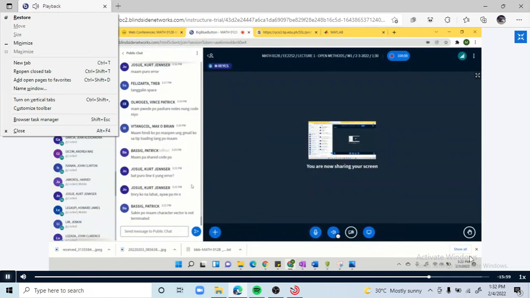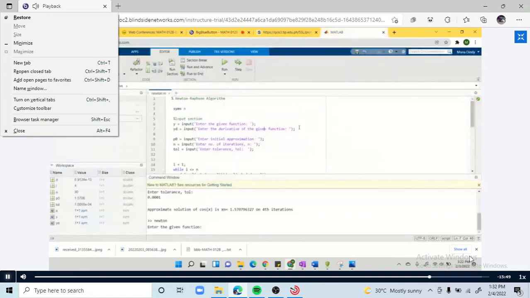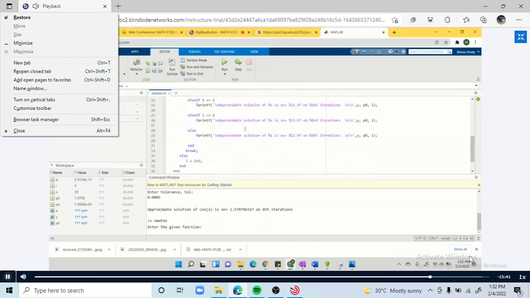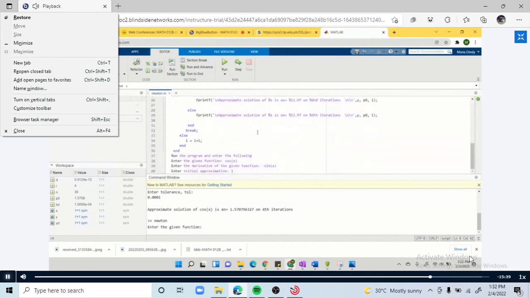Character vector is not terminated. Meron ka sigurong na-erase na symbol, kasi dapat i-terminate mo lahat ng mga character vector. Tingnan mo dito, terminated lahat. So, i-copy paste mo ulit. Baka may na-erase ka na maliit na symbol na hindi mo napansin.